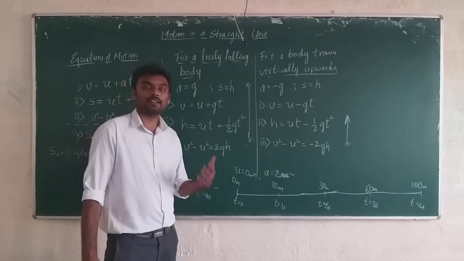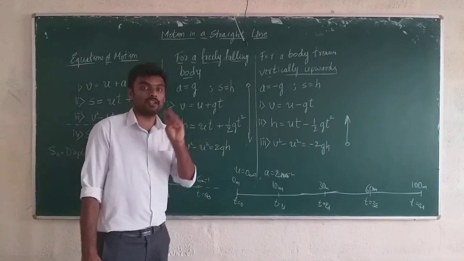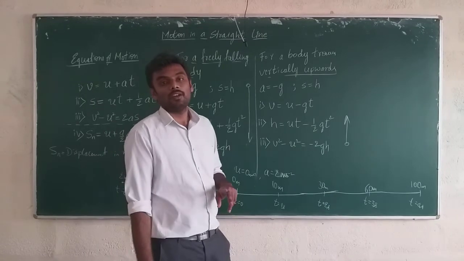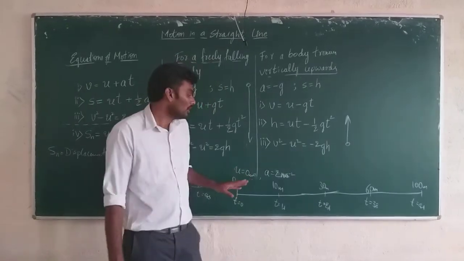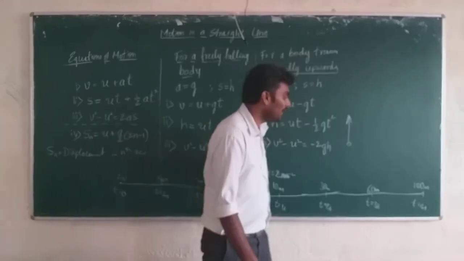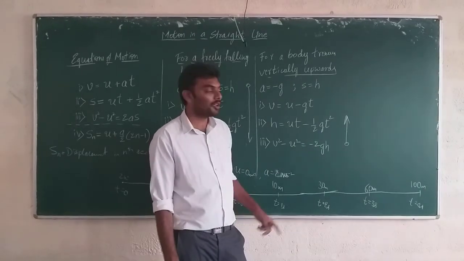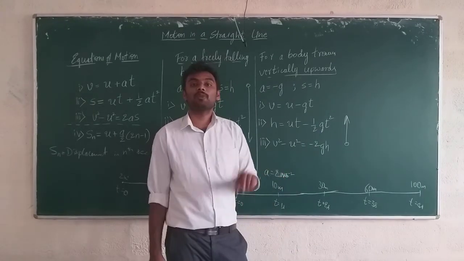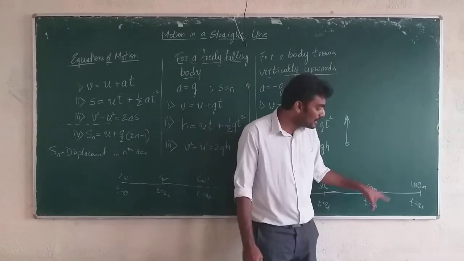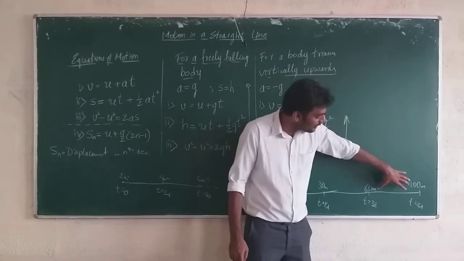Now, if they ask us to get the displacement happened in the 4th second, not in 4 seconds, be clear with this. When I say 4 seconds, I should get the total displacement from start to here, which is 100 meters, complete. But if they ask you to get the displacement happened in the 4th second, for this situation it is 100 minus 60.